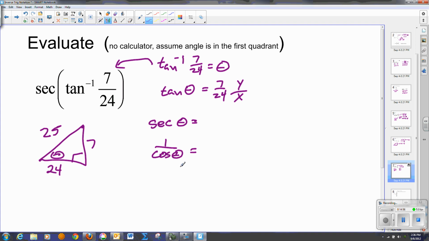And I can say that my secant, which is 1 over my cosine value, or in this case, instead of the adjacent over the hypotenuse, it's the hypotenuse over the adjacent. I have all those values, and I can just say that secant of theta is 25 over 24.